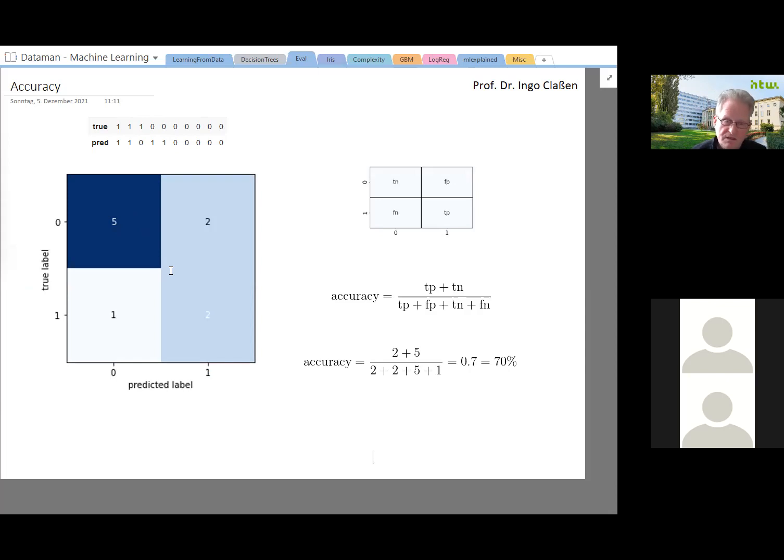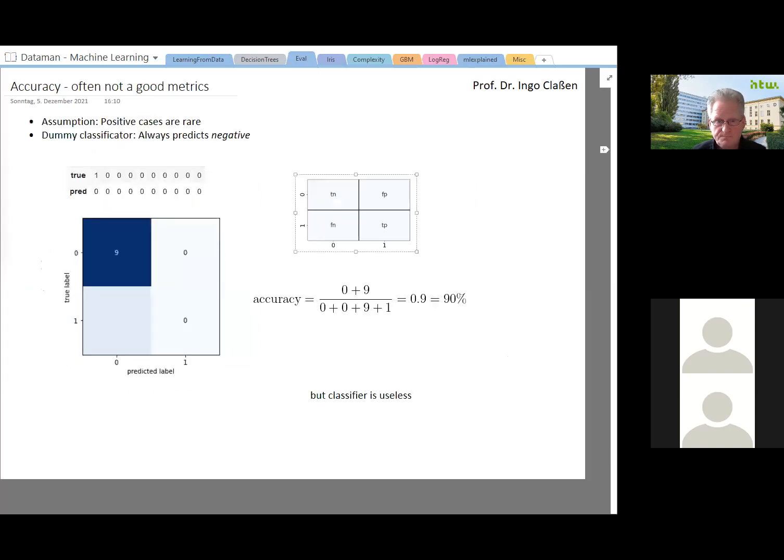The reason why we take this vehicle here is because there are other metrics we will encounter soon, and there it helps to have the confusion matrix. For accuracy, it would not be necessary, we can calculate it directly. So why are there other metrics?